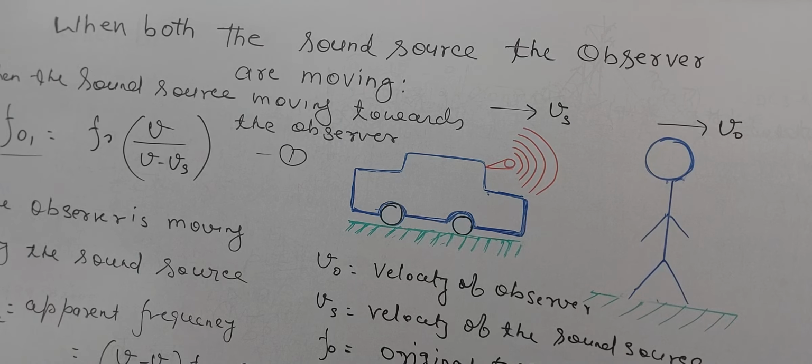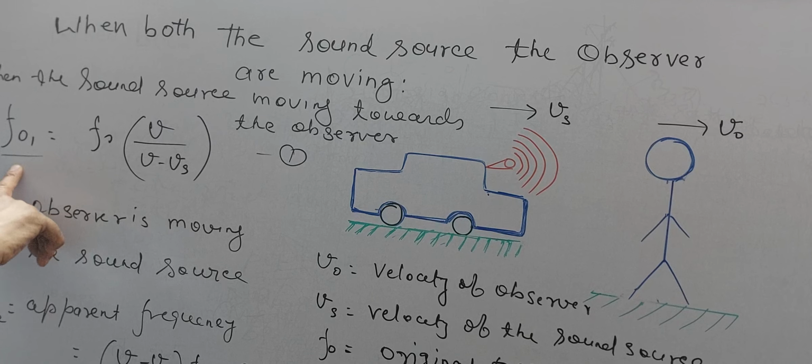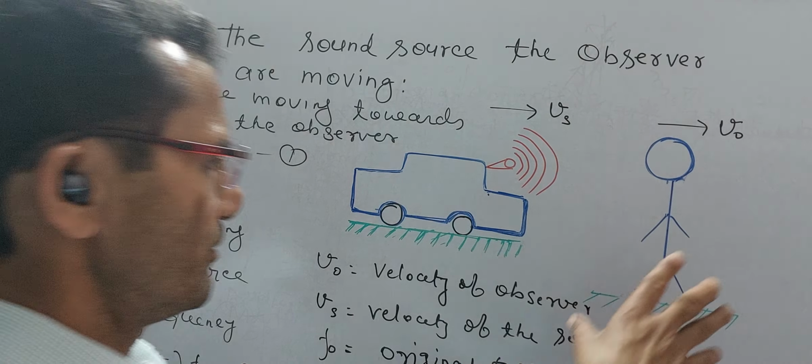Now, if I place this FO1 in this place, I will get the resultant value of the apparent frequency which is heard by this observer.